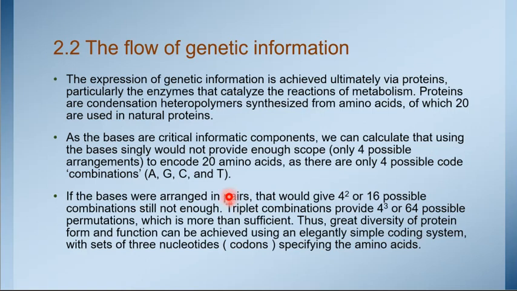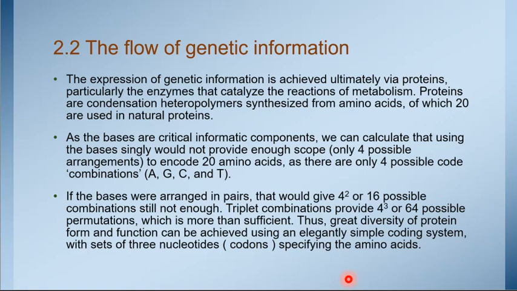The expression of genetic information is achieved ultimately via proteins, particularly the enzymes that catalyze the reactions of metabolism. Proteins are condensation heteropolymers synthesized from amino acids, of which 20 are used in natural proteins.